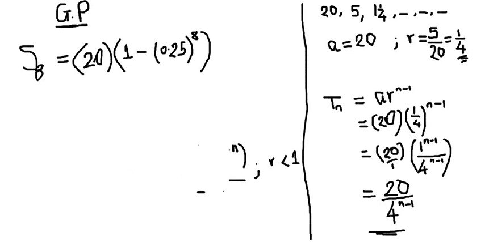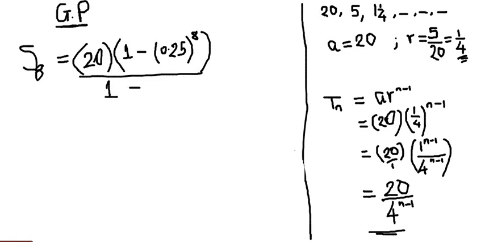So it means we have that expression. Since our R is less than 1, it means we have here 1 minus 0.25. Now we are just using 0.25 as a convenient value, but you still get the same answer if you use the fractional form of the number, which is 1/4.